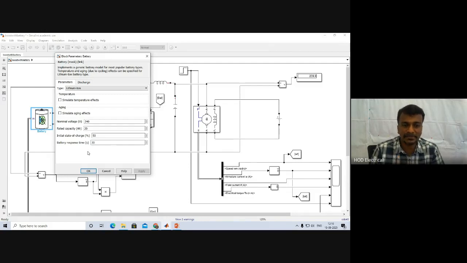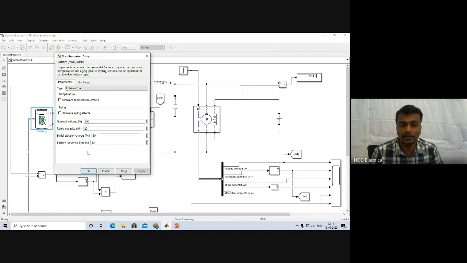Normally, the battery will be charged whenever the state of charge reaches below 45%, or 40 to 45% depending on the battery. In this case, I have chosen the battery with 50% state of charge.